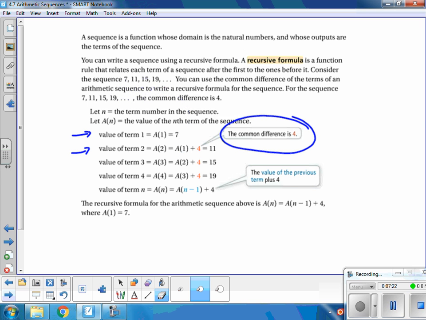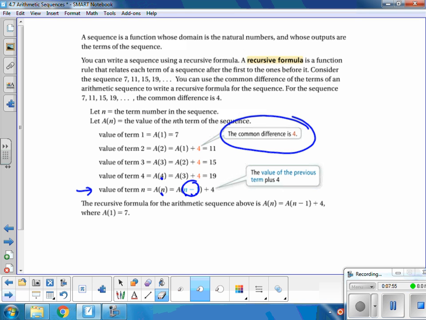Now to find my third term, I needed the second term plus 4 more. To find my fourth term, I need the third term plus 4 more, and that gets me my 19. So if we put all that together, to find the nth term, I take the (n minus 1)th term, because I'm always looking for the previous one. You can see that played out right here.